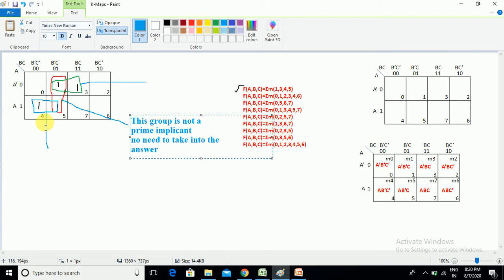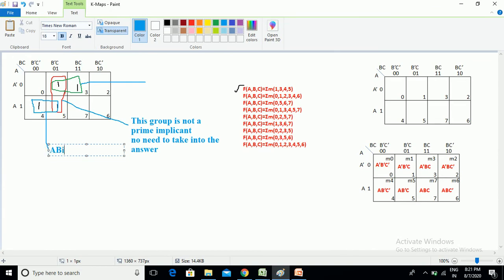Now what is the answer for the blue color group? 4 and 5. Who is common for 4 and 5? A is common and B dash is common, C is not common. Then the answer is A B dash.